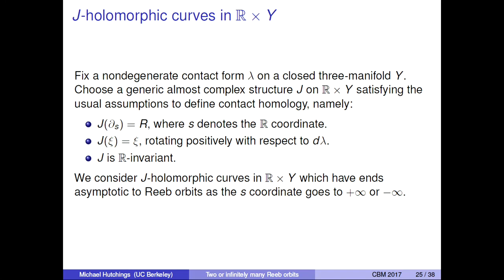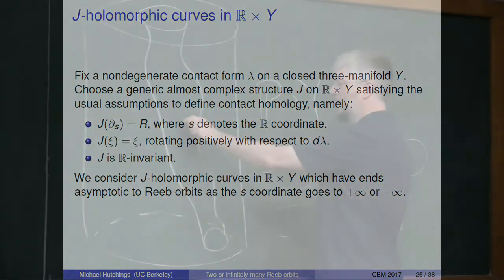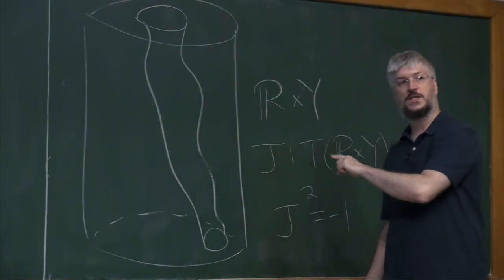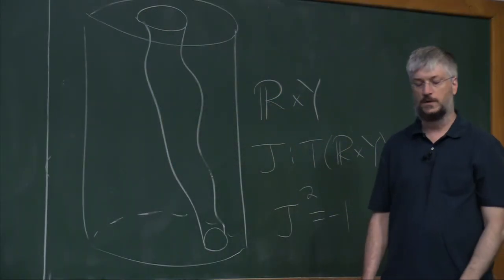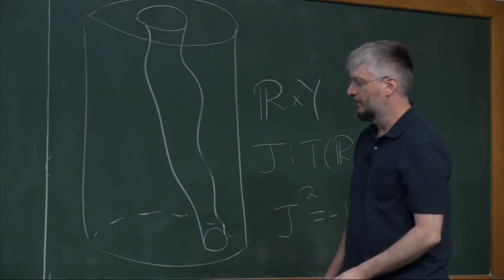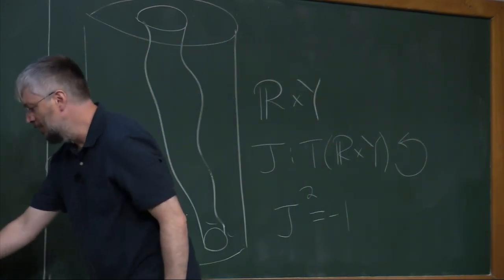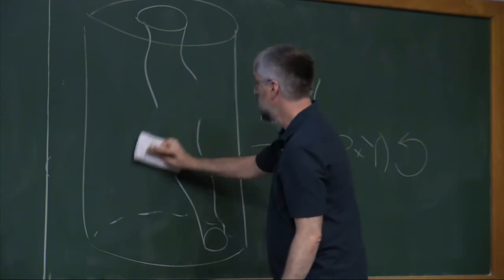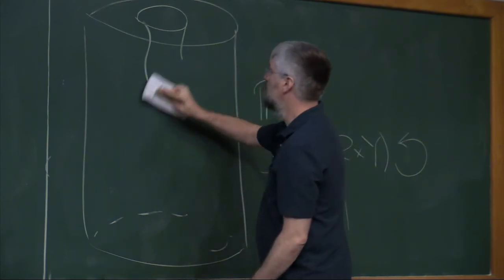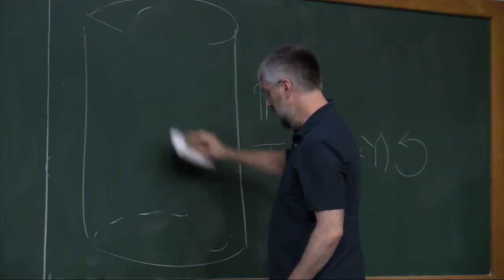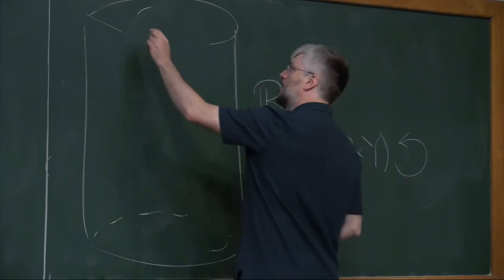And then we're going to look at holomorphic curves in R cross Y. When they're embedded, you can think of them as just embedded surfaces in R cross Y, such that J sends the tangent space of the surface to itself. And we're going to look at holomorphic curves more general than cylinders that converge to some Reeb orbits as the r coordinate goes to plus or minus infinity.